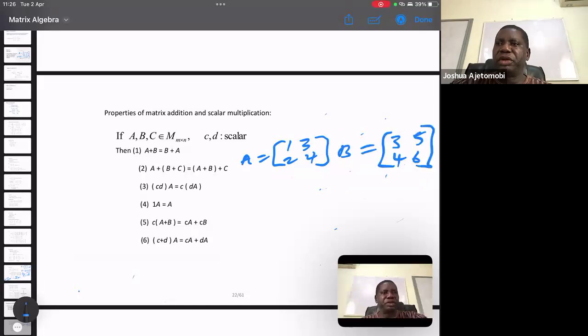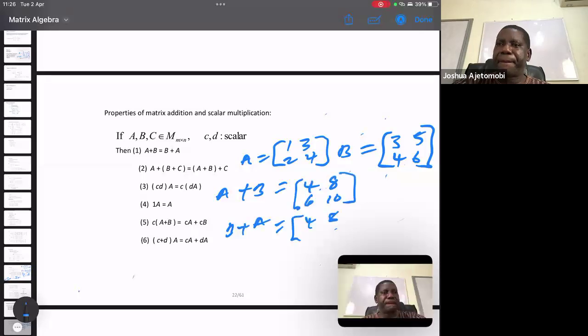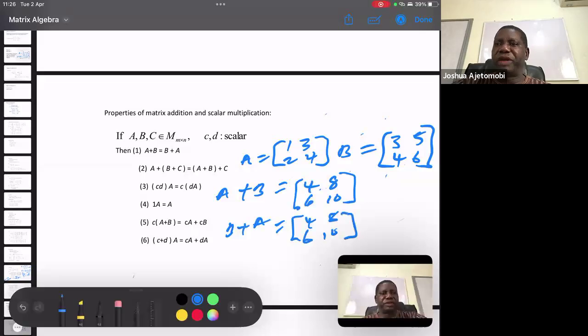So my A plus B gives me 4, 6, 8, 10. And my B plus A will give me the same thing. So irrespective of the dimension, even if you have a 100 by 100 square matrix.